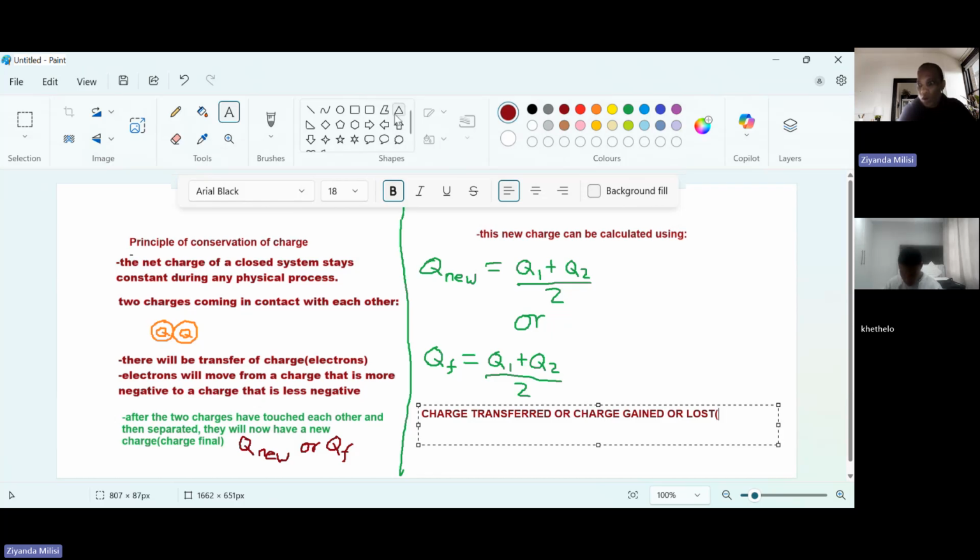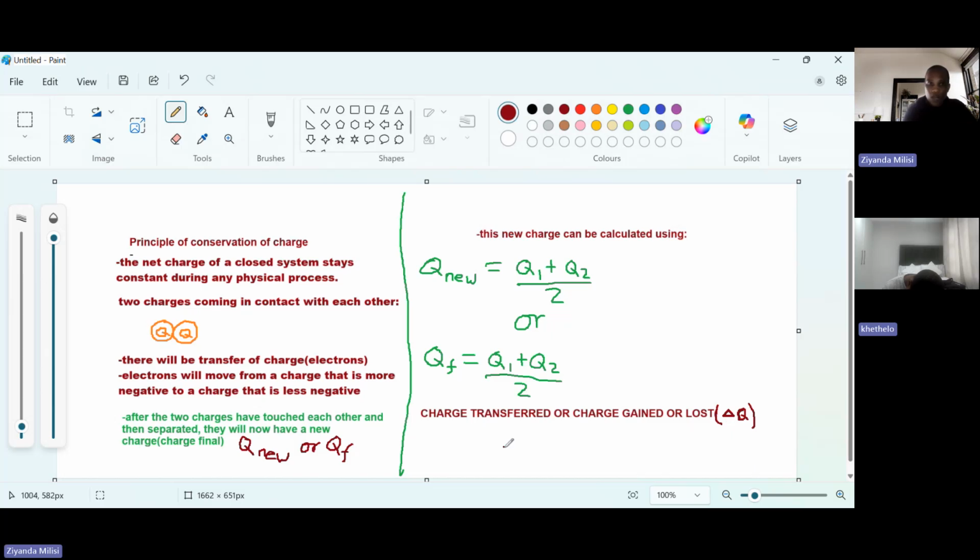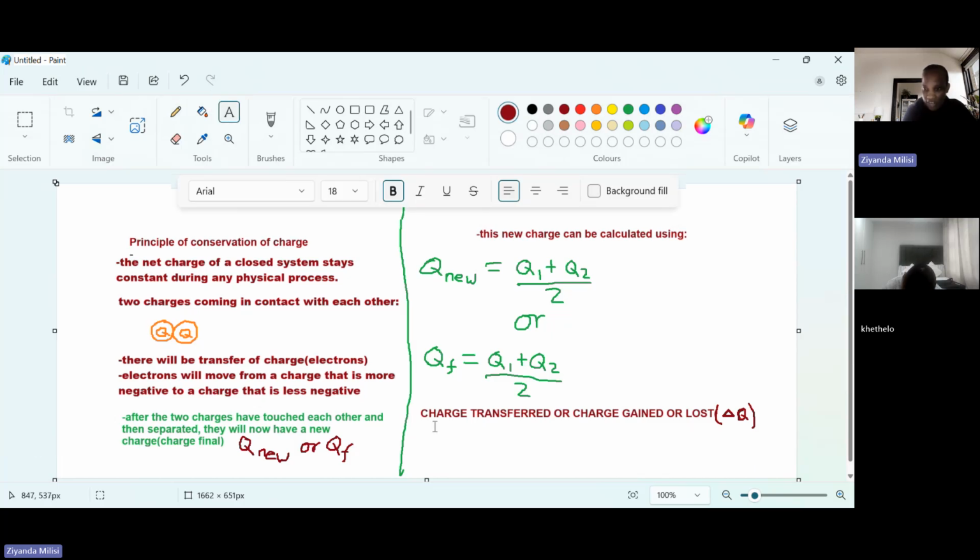The symbol for charge transferred is change in Q. So change in Q stands for charge transferred.